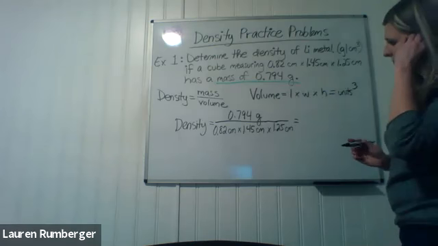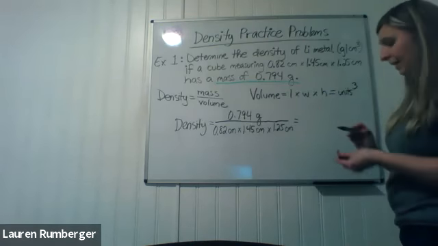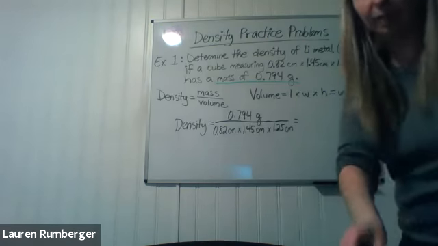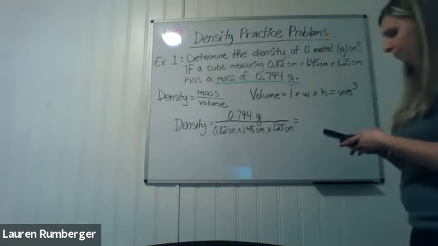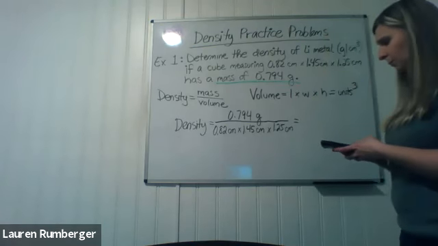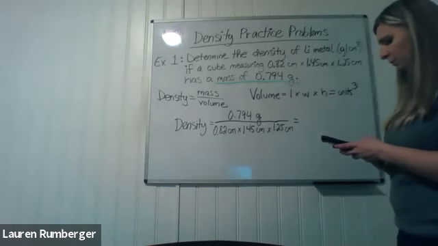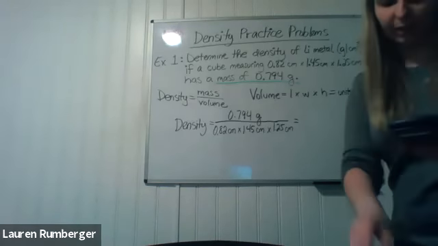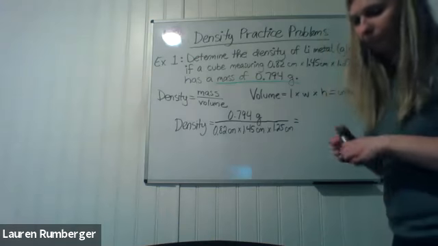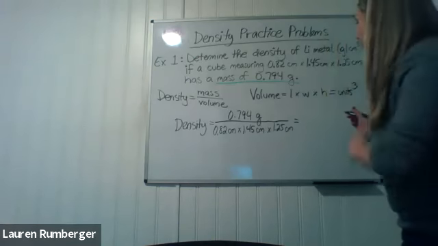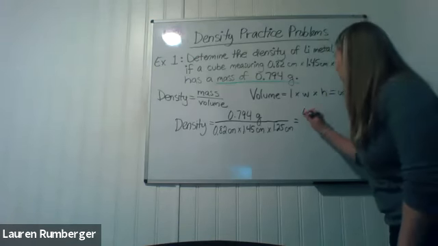So when we do our math here, I'm going to start with the denominator. 0.82 times 1.45 times 1.25. The calculator is giving me a longer number, but we're going to keep those digits for right now.